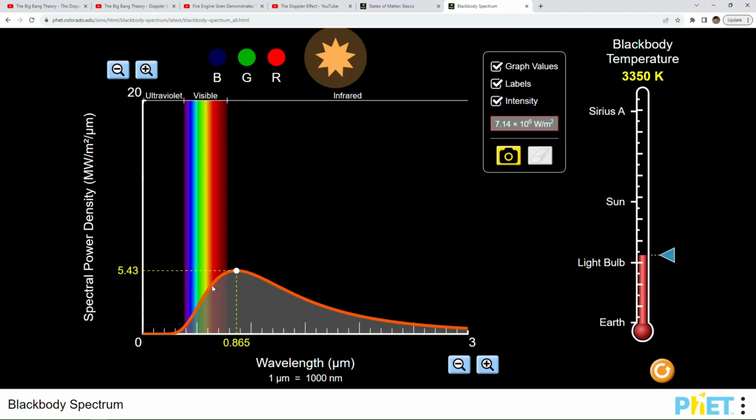It actually emits much more red and orange light than blue and violet, so its overall color is red.